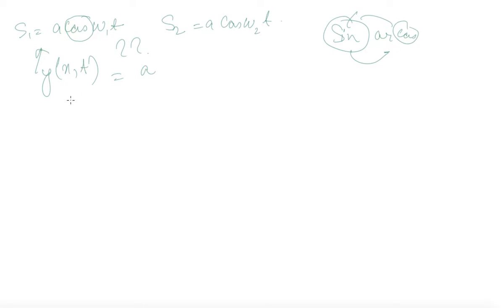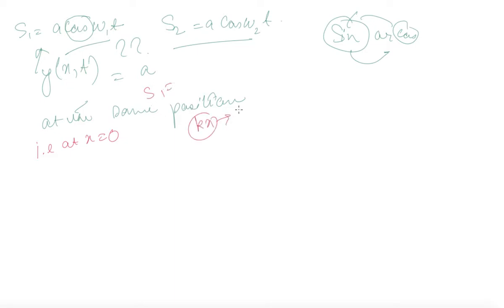Now we have taken these two waves at the same position, that is at x equals 0. So the wave can be expressed as S1 equals A cos omega 1 t, where the kx term gets cancelled, that is, it becomes 0. Similarly S2 equals A cos omega 2 t. So this is how we can express this.